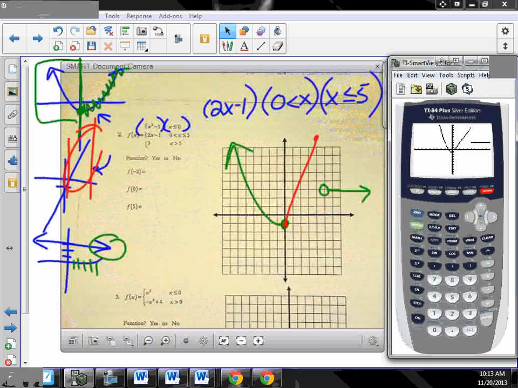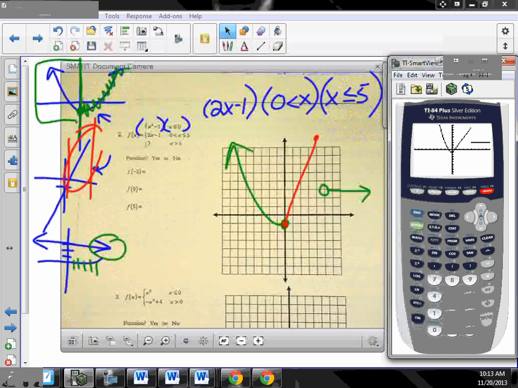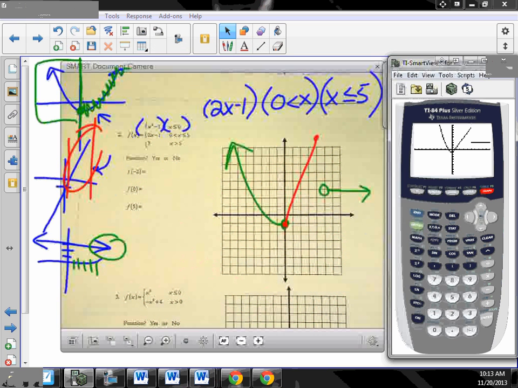Okay, so you can't do this all as one. You have to split it. So you do that, and then you do x, whatever it is, less than or equal to 5. So if your calculator does this, it will probably always do this.